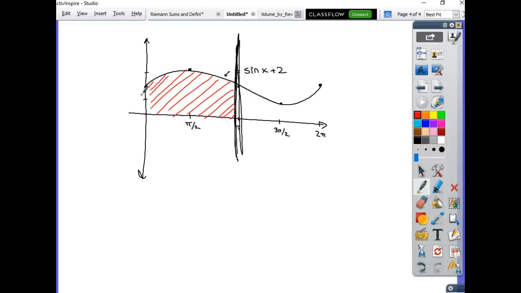Well, what do we know? What do we know about this thing? Oh man, sine plus 2. So what I want to realize is that if this were just sine, we would have had an x-axis right here, right?